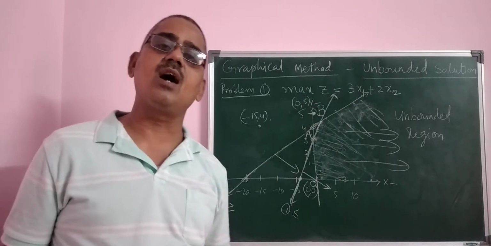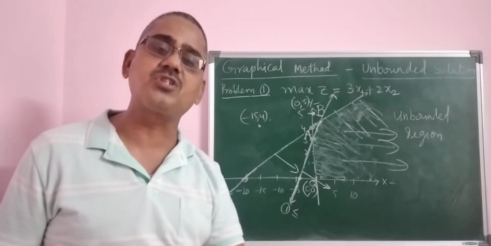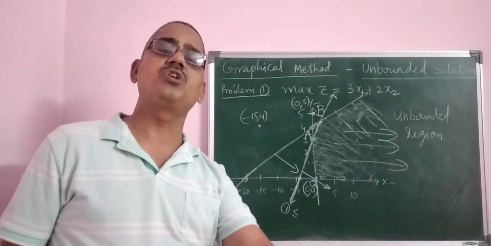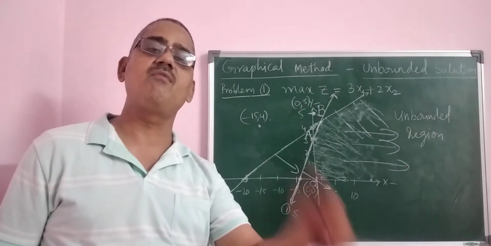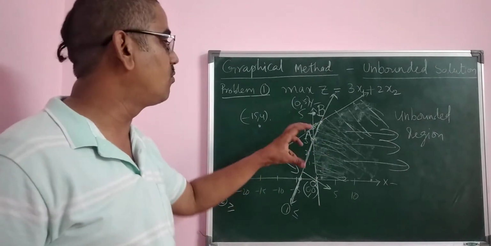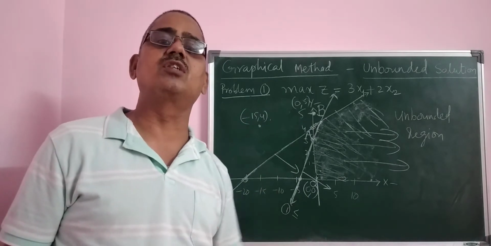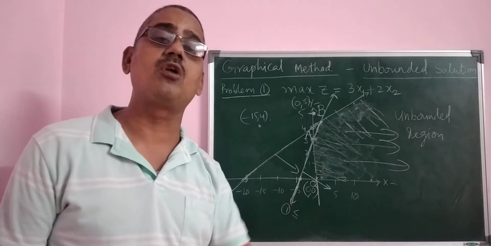There is no end because it is not a minimization problem. If it is minimization, the solution exists, that is, the minimum value exists at O, A, B or another point. But the maximum value cannot be attained.